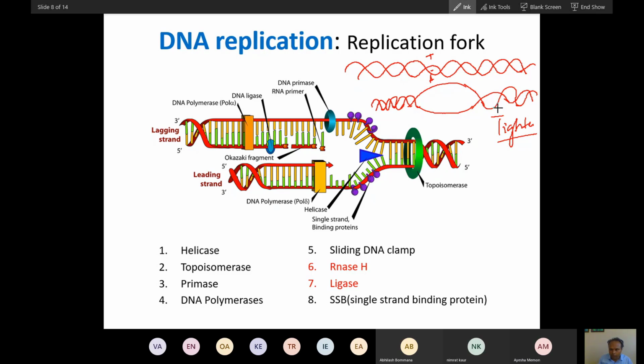It will cut somewhere, unfold, and join again by uncoiling this. So topoisomerase cuts and then rejoins, and that is how it unfolds this supercoil. What is the function of this topoisomerase?